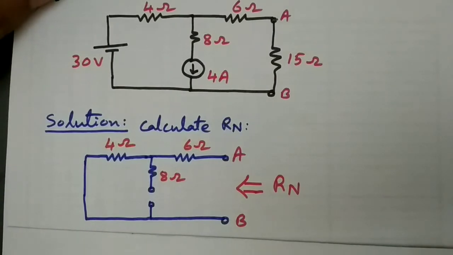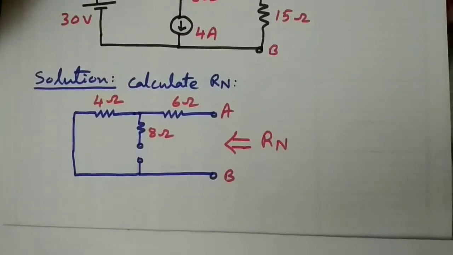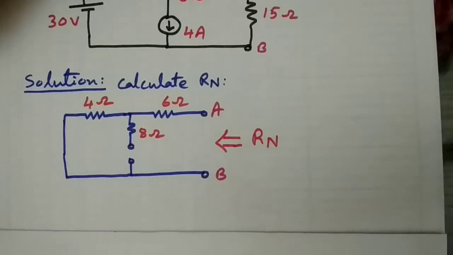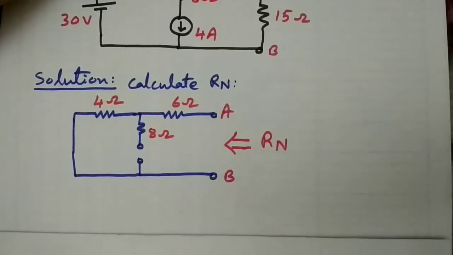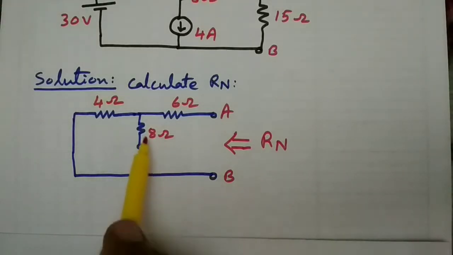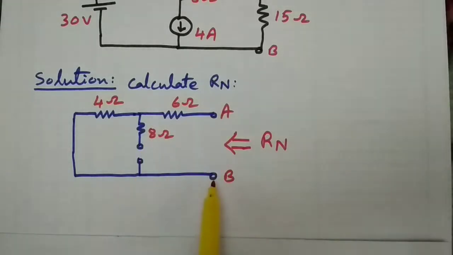Here we can see that the 4 ohm and 6 ohm resistors are connected in series. Here we will not consider the 8 ohm resistance because one terminal of the 8 ohm resistance is open, so this resistance is not connected between A and B in any way.